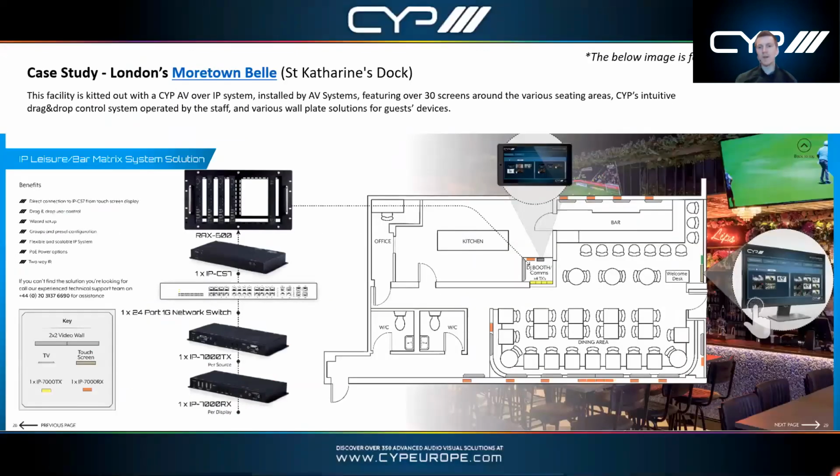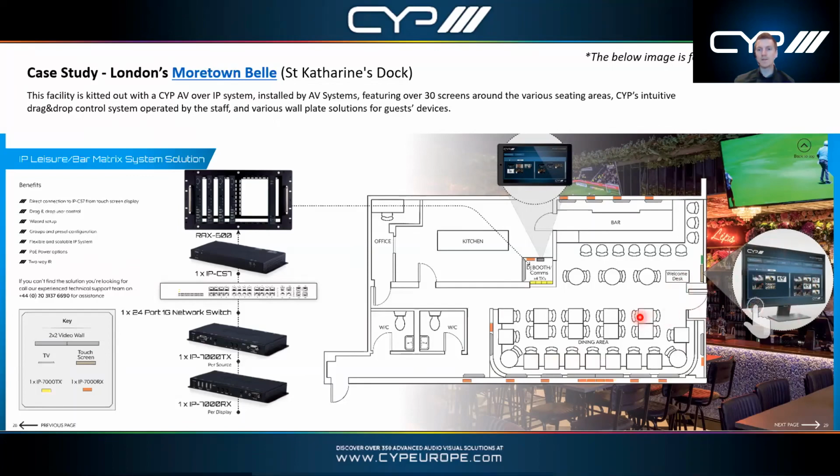This is a bit of a top-down view. This is only an illustration. It's not accurate in terms of scale, but it gives you an idea. So again, you've got your sports bar. All of the orange boxes on screen would be screens, TVs with an endpoint. You've then got the main entrance here, which is where the CS7 controller is located, along with a touchscreen display.